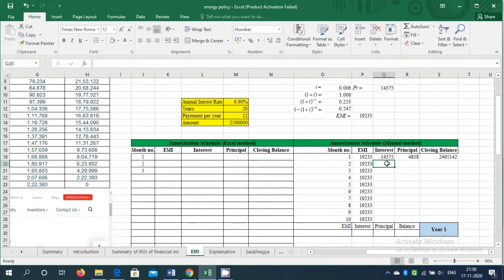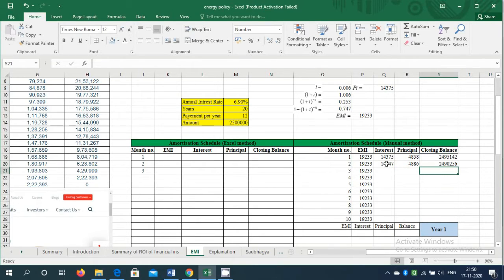Similarly for the next month, the interest will be calculated, that is principal into my interest is this much. Then this will be EMI minus, for the second month we have to calculate this one, and the closing balance would be the closing balance of the previous month minus the principal amount.